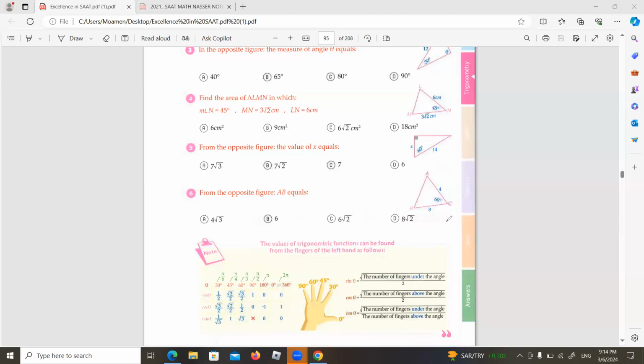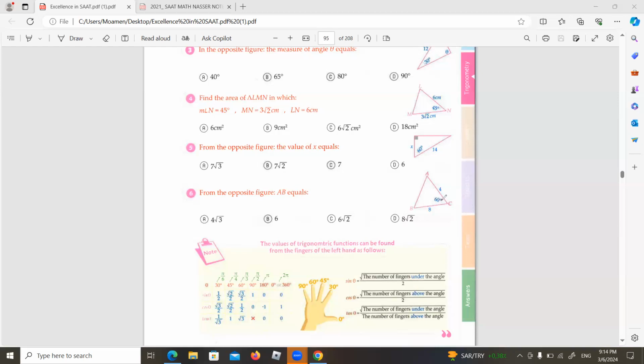It's a 30-60 triangle. What, Mister? Yes, it's a 30-60 triangle. Mister, but the drawing is not a right triangle. This drawing is not on scale. It means I just write the numbers on the drawing, and you deduce the result.